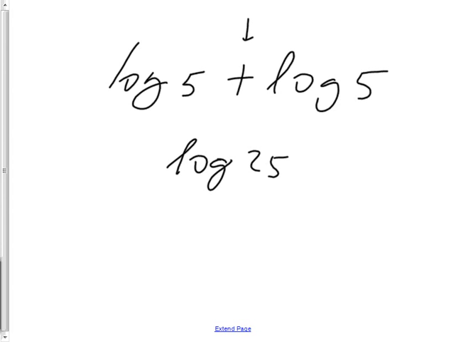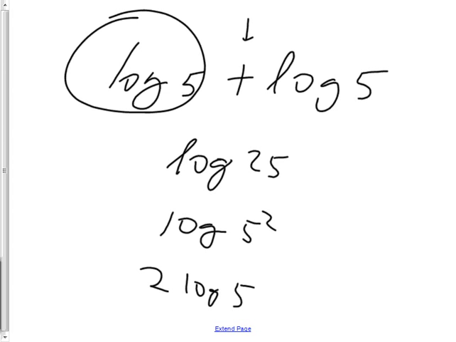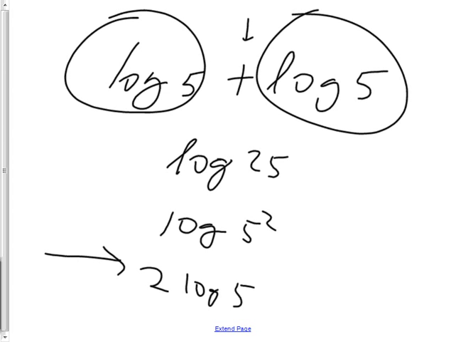And what's 25? Log of 5 squared. And then what could I do with that little thing? All these things that I just wrote are equal to each other. And if you think about it, log 5 plus another log 5 makes 2 log 5. Doesn't that make sense?